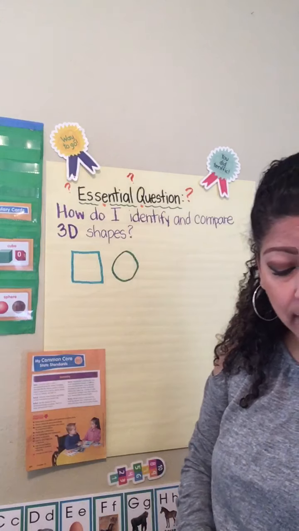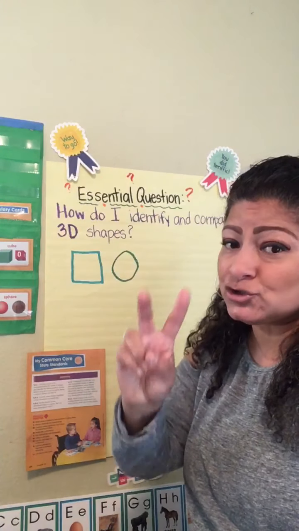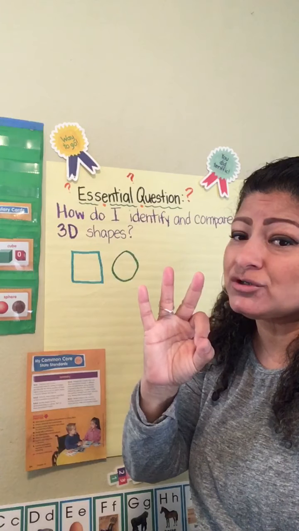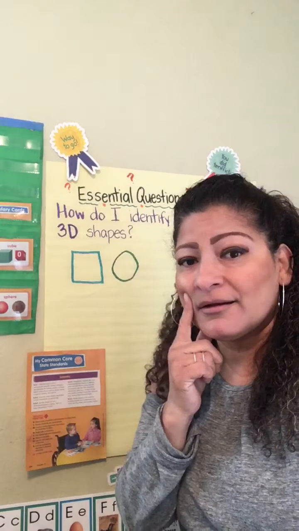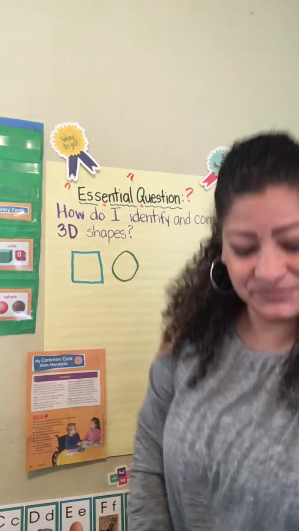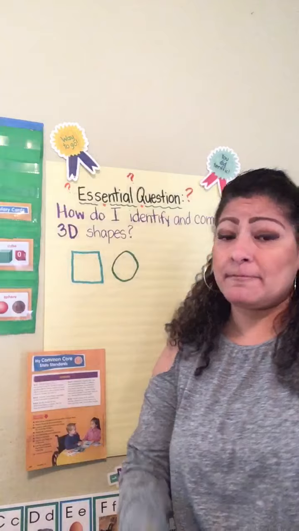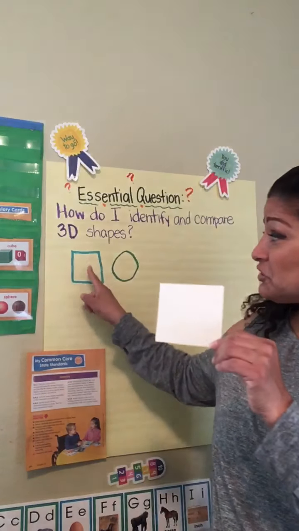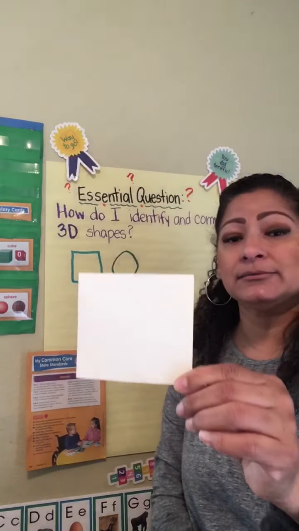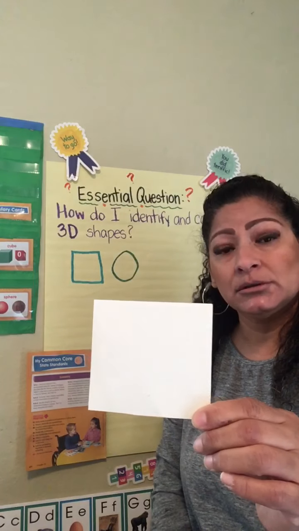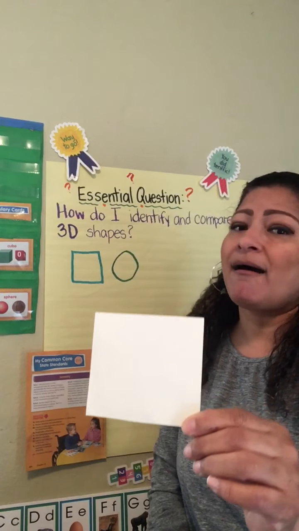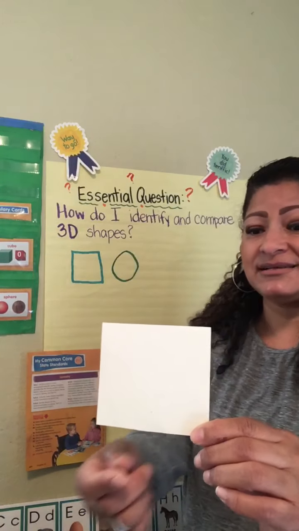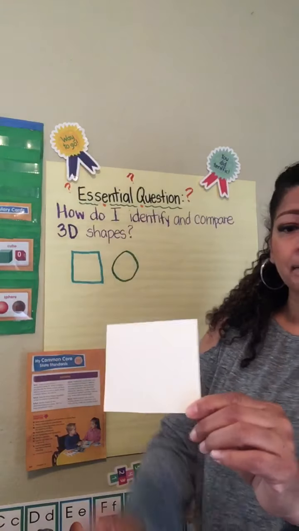Really quick, here's another way you can find out if it's two-dimensional or three-dimensional. Let's do a clapping test. I cut a square out, and you could try this at home too. Are you ready to try it with me?